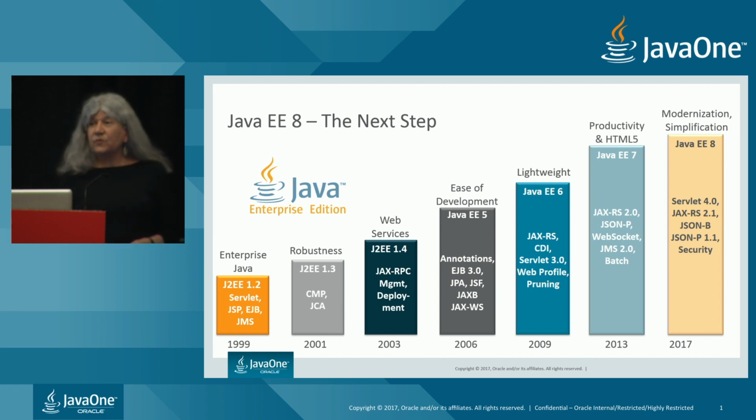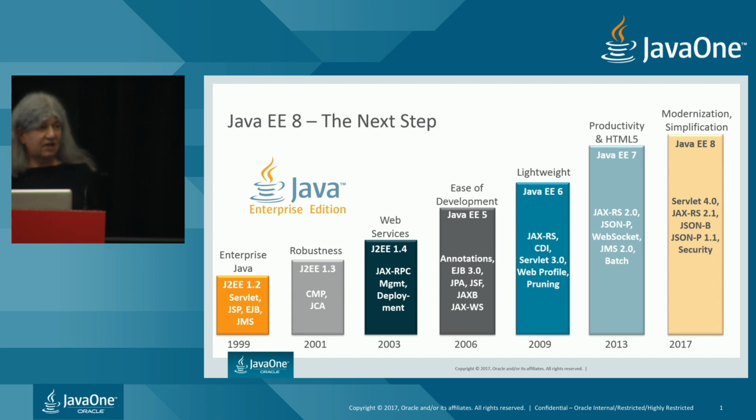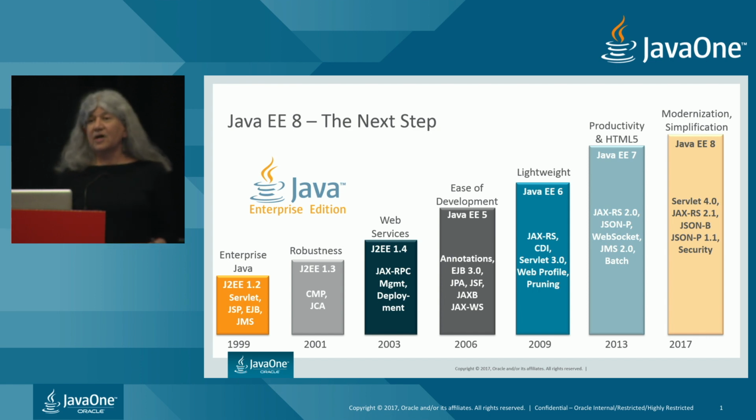In this release, we followed a lot of the goals that we set for ourselves in Java EE7, namely a focus on web tier technologies, making sure we're modernized with the web tier. Continuing our trend towards ease of development, largely through leveraging the facilities offered by CDI. And then another item that we've wanted to address for a long time was modernization and simplification of the security APIs.